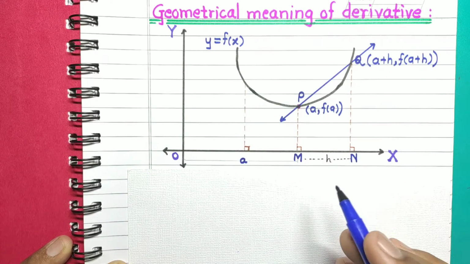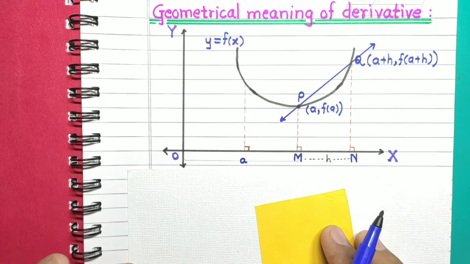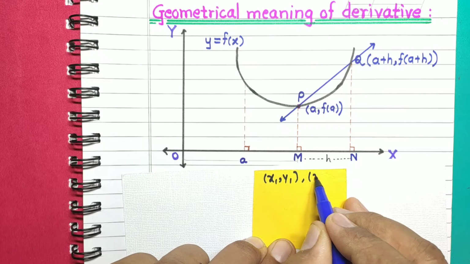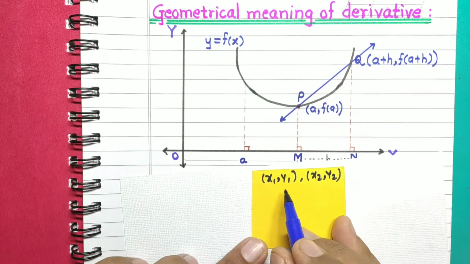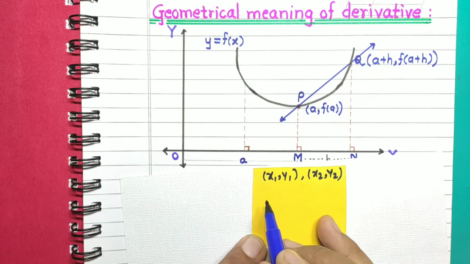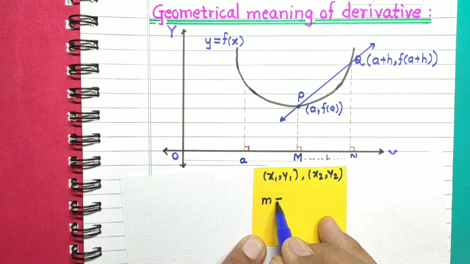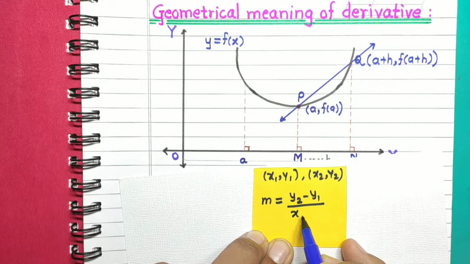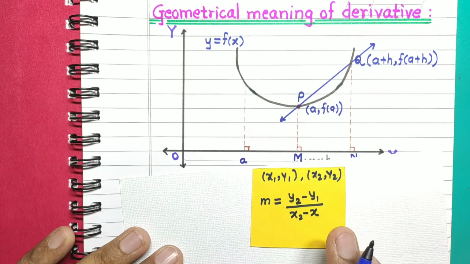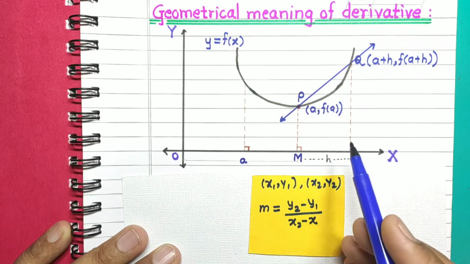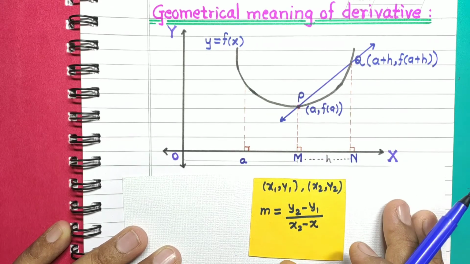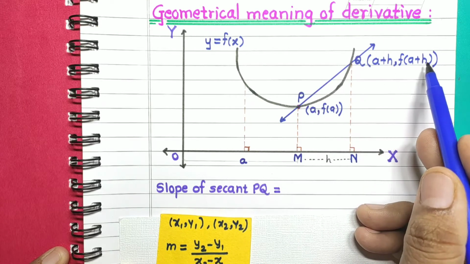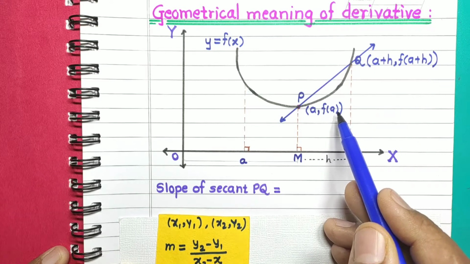So for this, let's recall the concept of slope of a line. We know that if x1 comma y1 and x2 comma y2 be any two points on a line, then slope m of that line is given by y2 minus y1 upon x2 minus x1. So using this formula, let's write the slope of this secant PQ. See here, y coordinate is f of a plus h, and for P it is f of a.